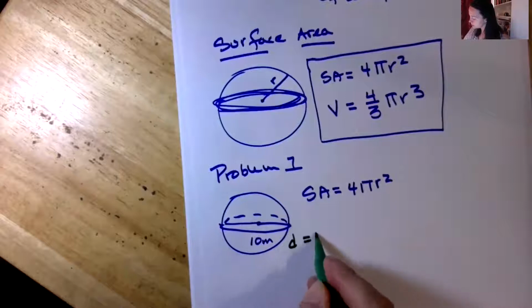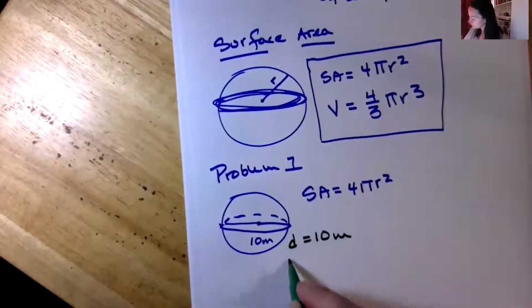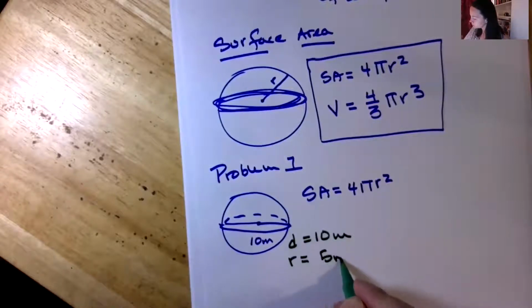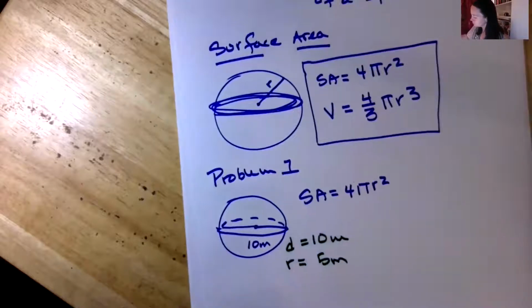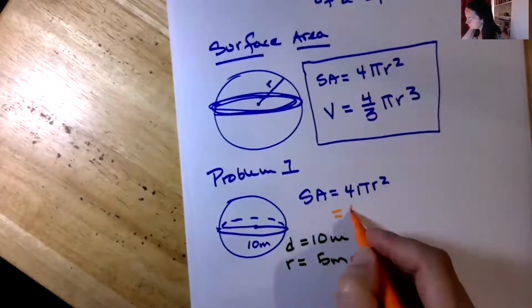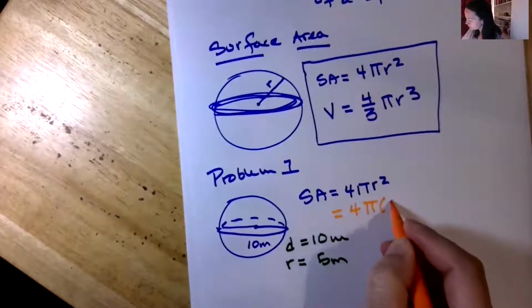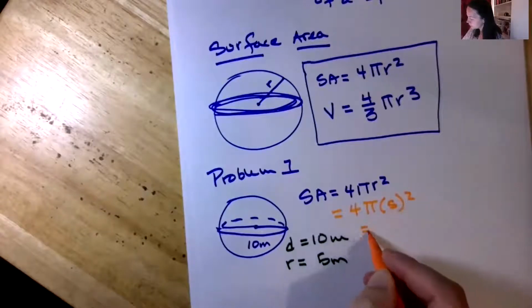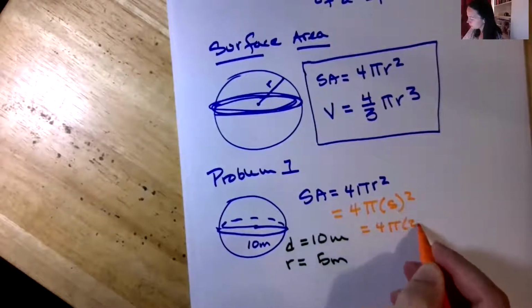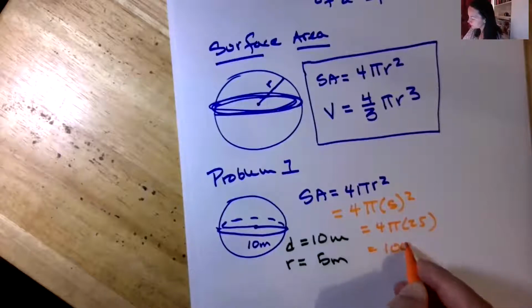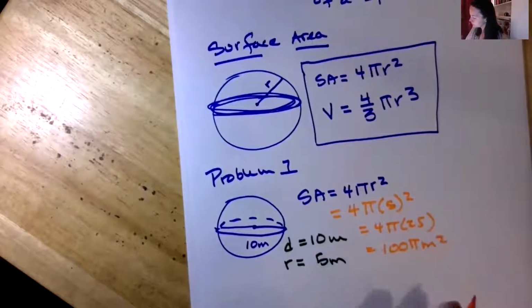The diameter is equal to 10, and so our radius is going to be equal to 5 meters. 4 pi times 5 squared. So that will be 4 pi times 25, which is 100 pi meters squared.